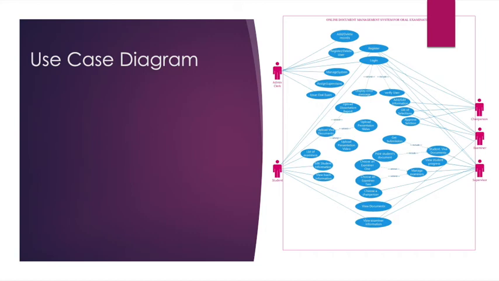The examiners will be able to approve or reject any selection that is made by any chairperson, sorry, by a supervisor, and all users will be able to edit their information and profile.